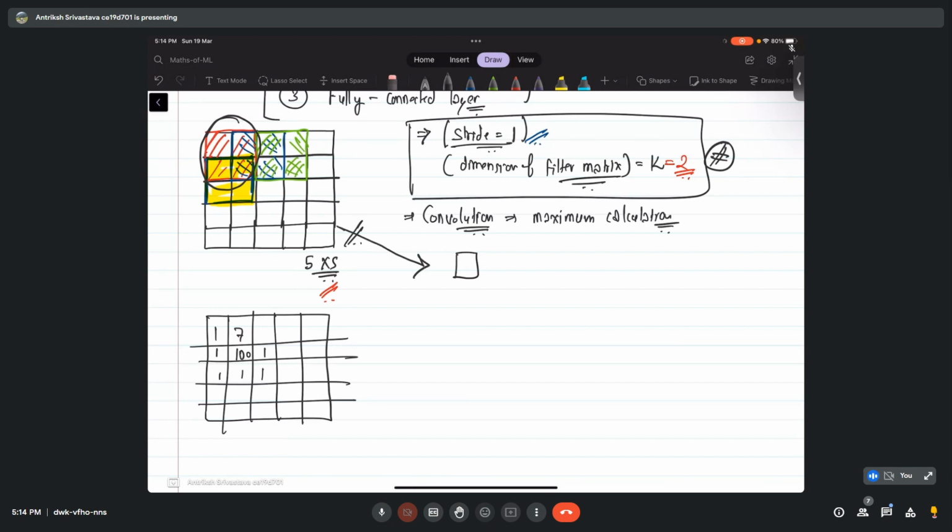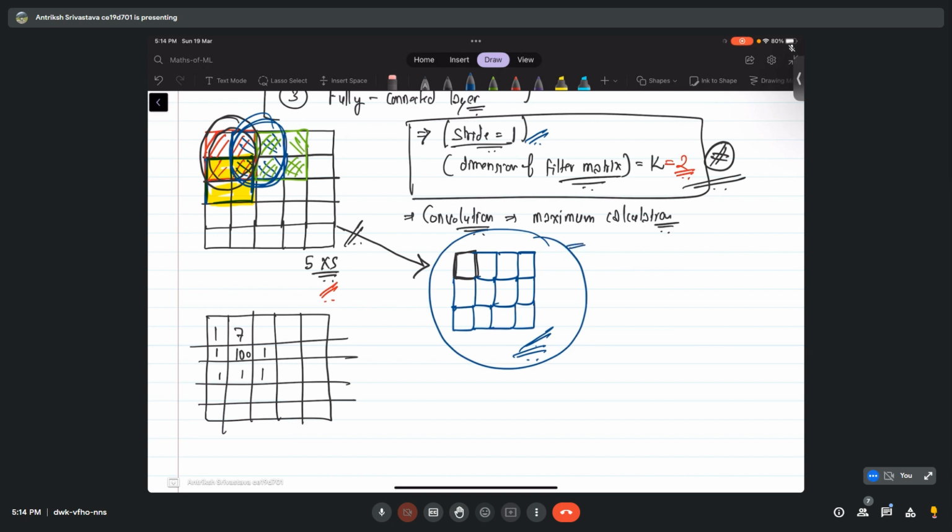When you do the convolution with a 2 by 2 filter at a stride of 1, we will get one value for this set of four pixels, then one value for this next set of four pixels. Similarly we will get more and more values, and we will have another matrix of our own. And now we are going to do operations on that.